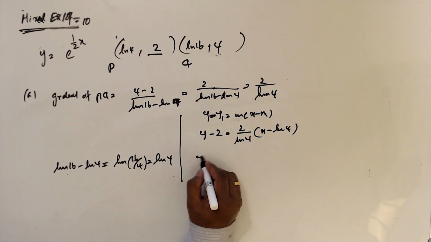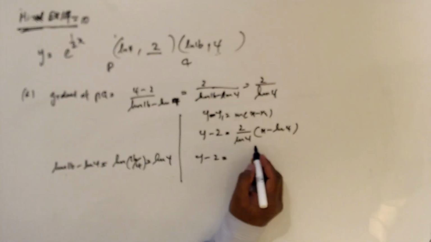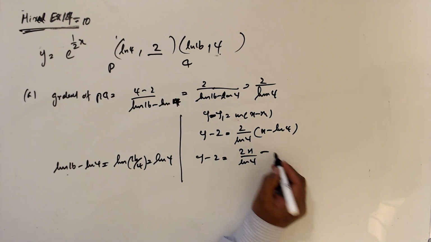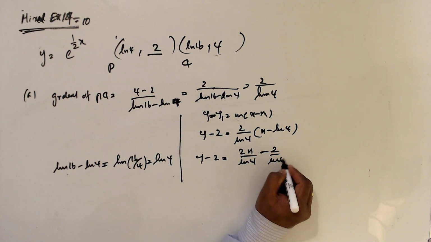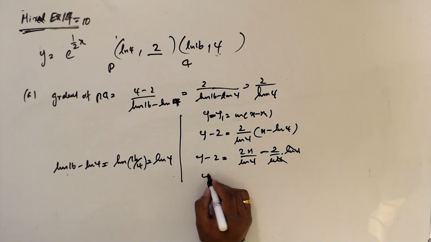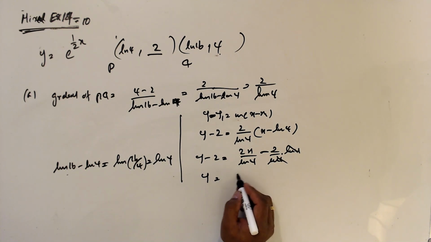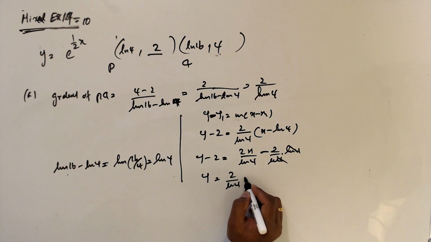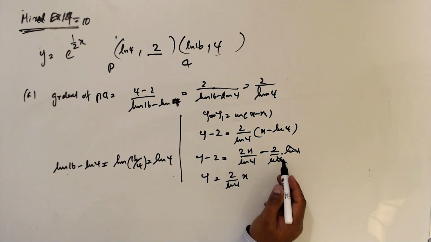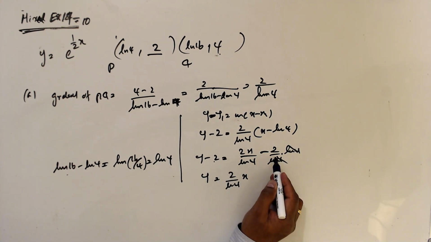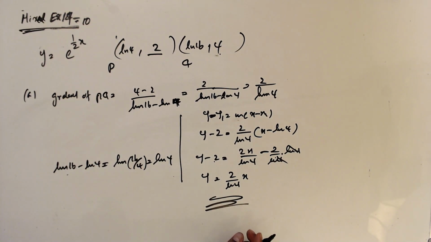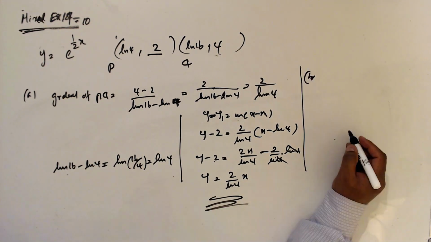So we'll expand: y minus 2 equals 2x over ln 4 minus 2 ln 4 over ln 4. This cancels out. So y equals 2x over ln 4, and this minus 2 and minus 2 we can cancel out. So basically the equation goes through 0, 0.